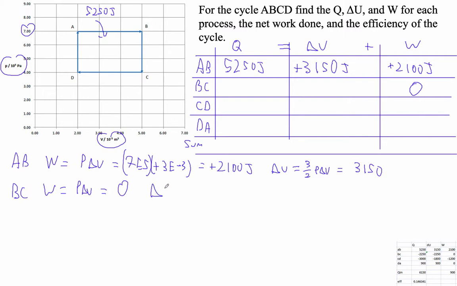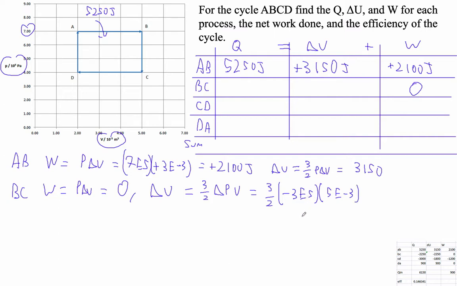The change in U is 3/2 times the change in pressure times the volume. Remember, that's the shortcut. You use the shortcuts, baby. So 3/2 times our change in pressure: we go down 3 times 10 to the 5th pascals, 1, 2, 3. And then our volume is 5E minus 3, where by E I mean times 10 to the.